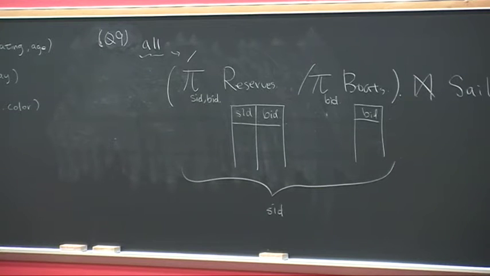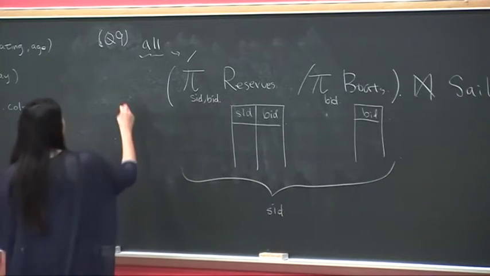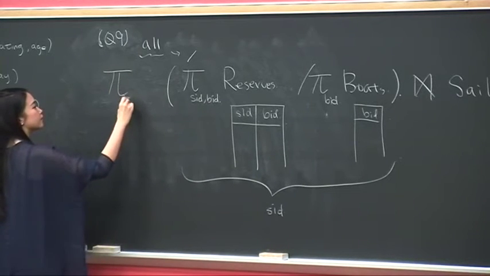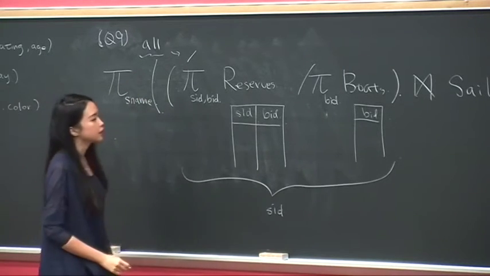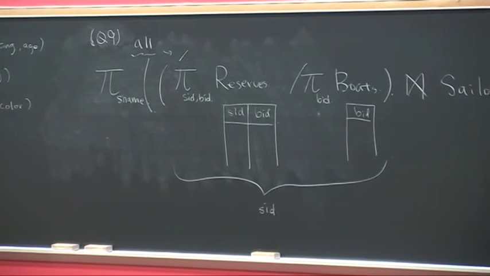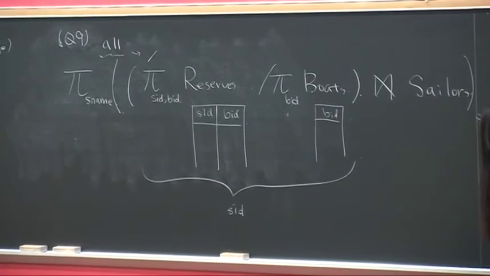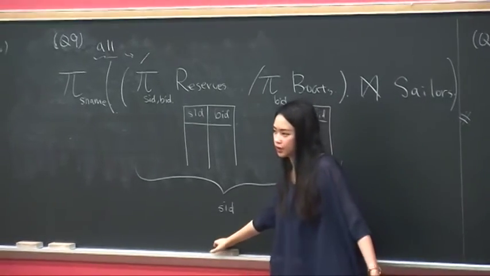And because we want to finally get the sailor's name, check on the sailor's name. That's for query 9. Any question for this one? That's how you would use division.